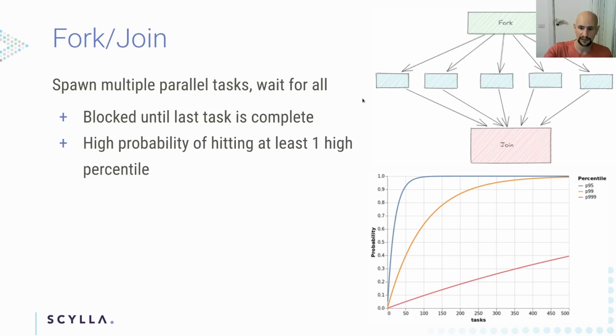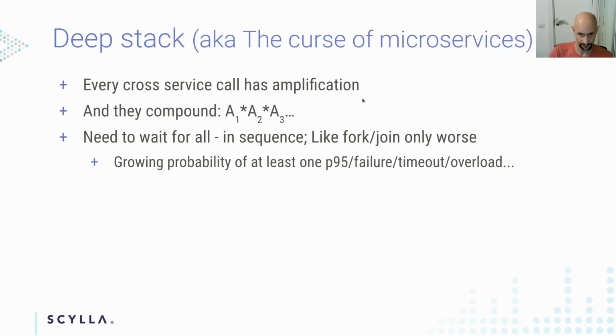And I've plotted here the probability of hitting at least one high percentile, P99, P95, P999, depending on the number of tasks. And as you can see, for the 95 percentile, even with a small number of tasks, there's very high probability of hitting at least one of them. So this means that fork join is going to increase your latency by a very large amount, very fast.